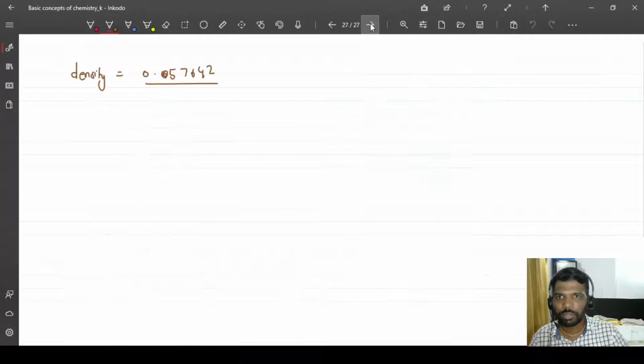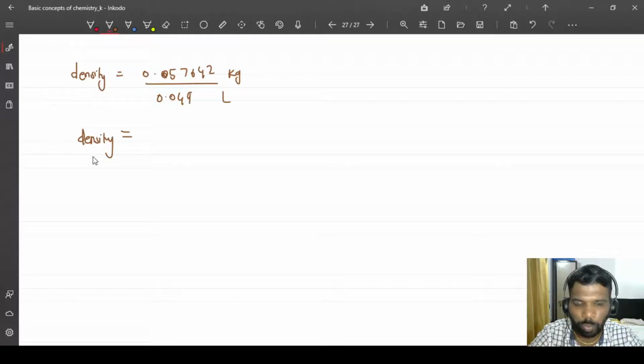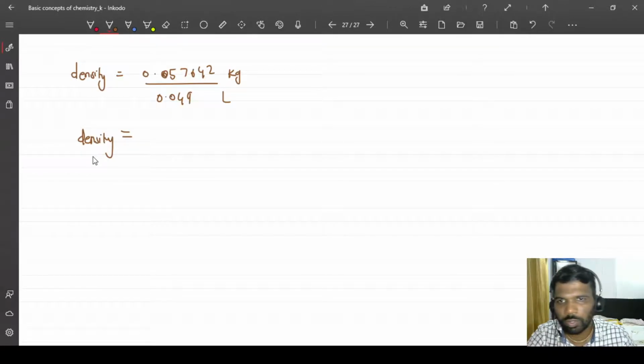The units you can see over here are liter, and this is kg. So density in other units will be 0.057642 divided by 0.049. This will be equal to 1.17 kilograms per liter.